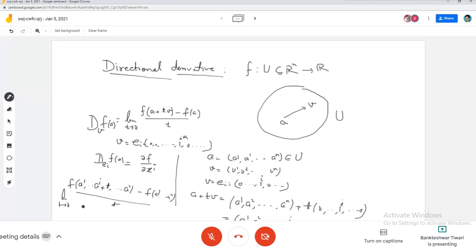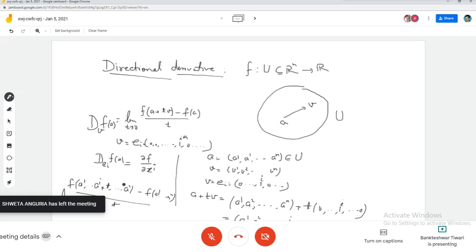And you remember the formula for partial derivative. So all the coordinates are same: A1, A2, Ai minus 1, again Ai plus 1 to AN. Only there is a change in ith component. So Ai plus t, and here is Ai divided by t.